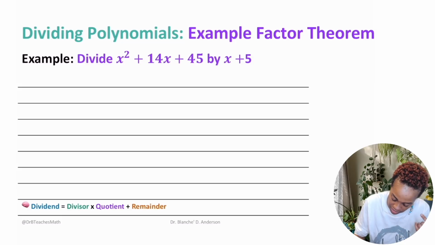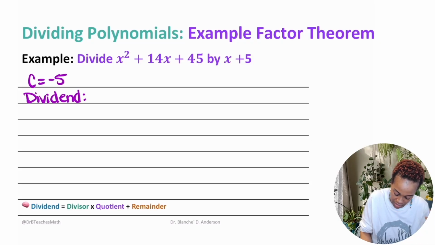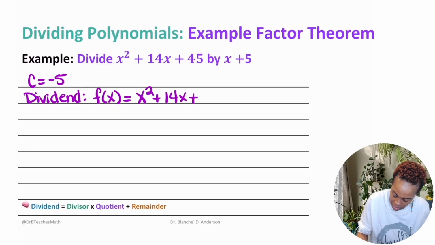Now you're saying, where am I getting that from? Remember, this has to be in the form of x minus c. So this could be x minus -5, so my c on this one would be -5, right? And then my dividend, what's being divided, I'll write with the f of x: x squared plus 14x plus 45.